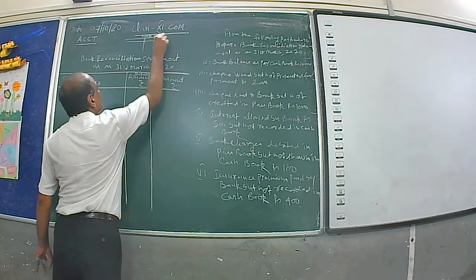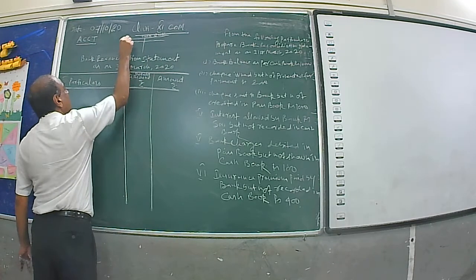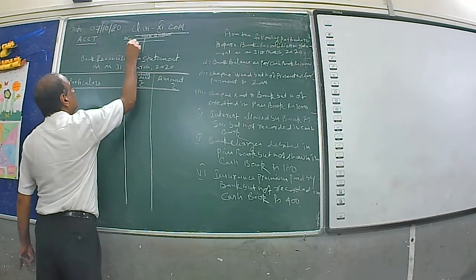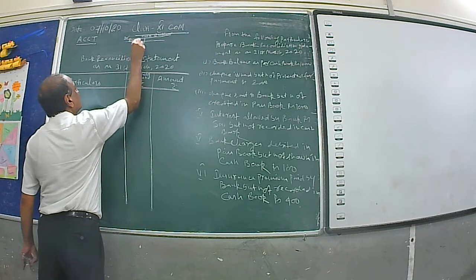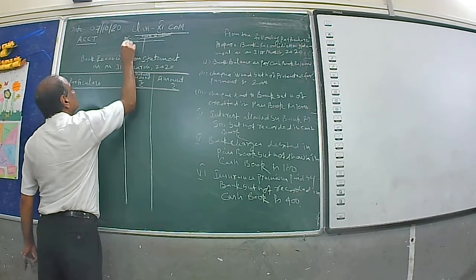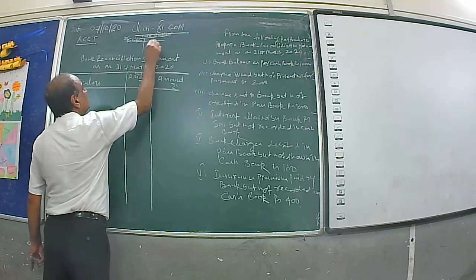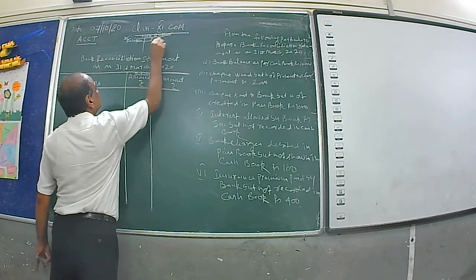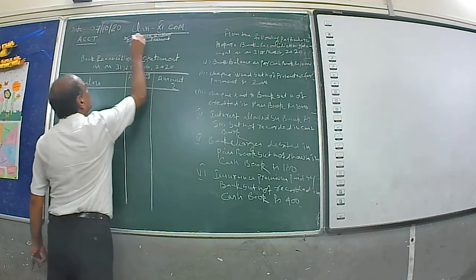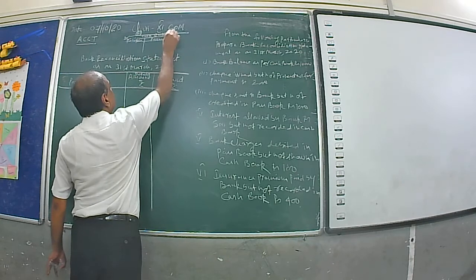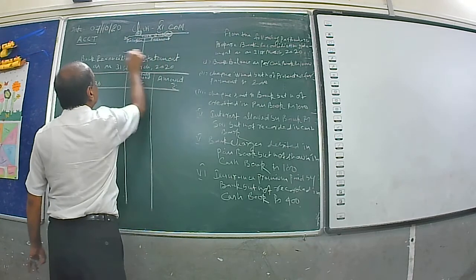So first of all, I am going to show it in a cash book. See cash book. Debit side, credit side. Debit side is receipts and credit side is payment. If you debit the cash book, position will be in plus. If you credit the cash book, balance will decrease.